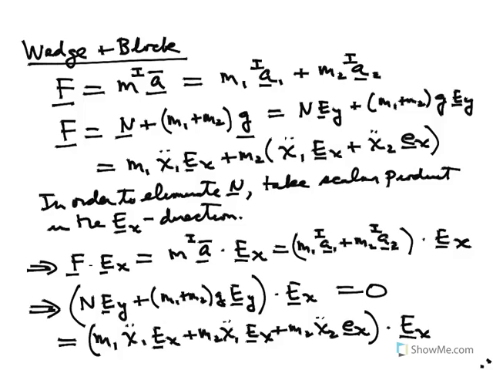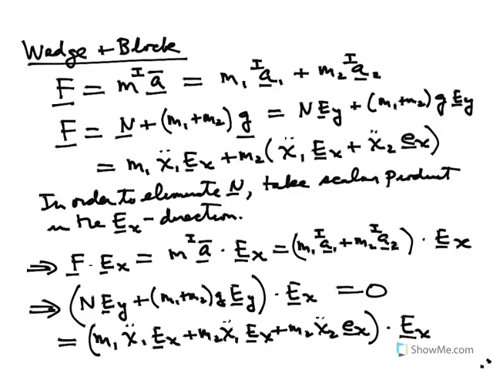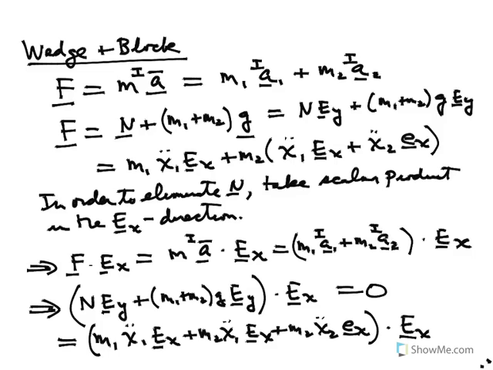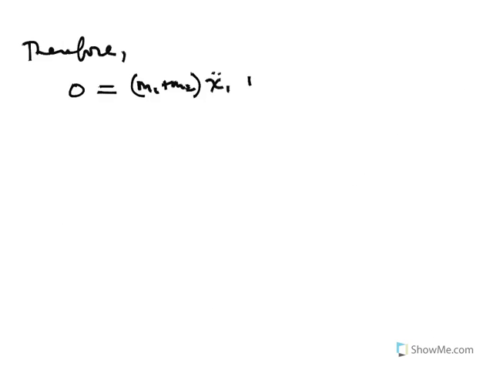Now if we do that, we see that 0, which is the left side, is equal to (M1 plus M2) times x1 double dot, with EX dotted with EX, plus M2 x2 double dot little ex dotted with big EX.